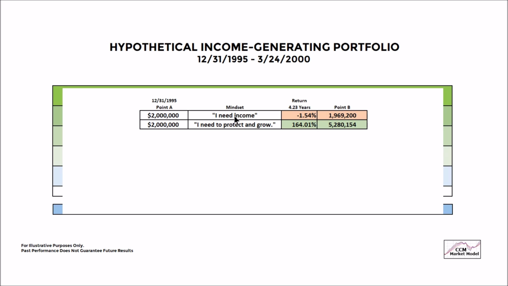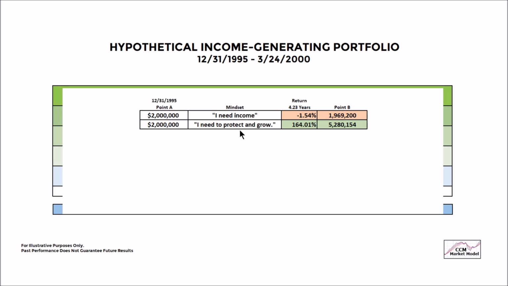Therefore, if my mindset at the end of 1995 was, I need income, my $2 million would have turned into 1.9 million 4.23 years later because I was trying to swim upstream.